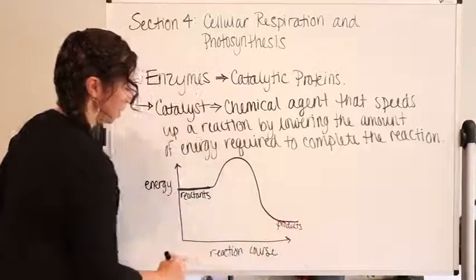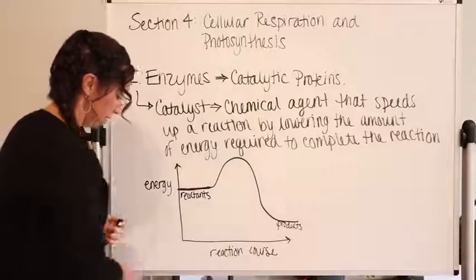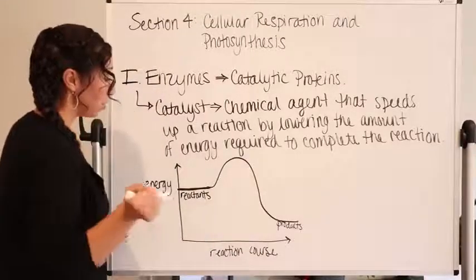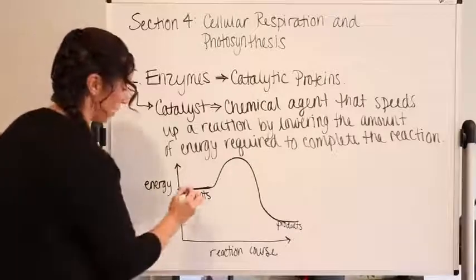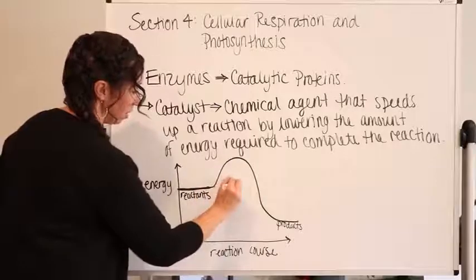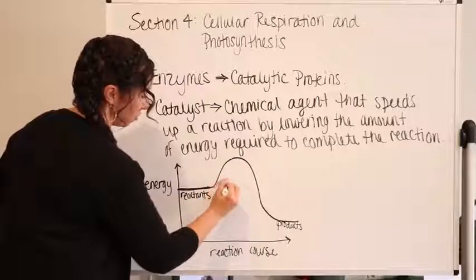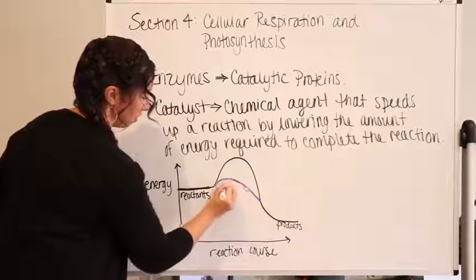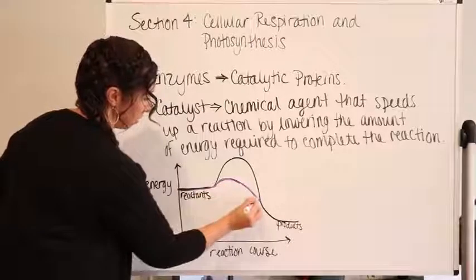Over here. So this is like a normal course of a reaction. When you have an enzyme involved, here's what happens. You have your reactants, but instead of going over this hump, all they have to do, I'll just draw it in here, is just do this.